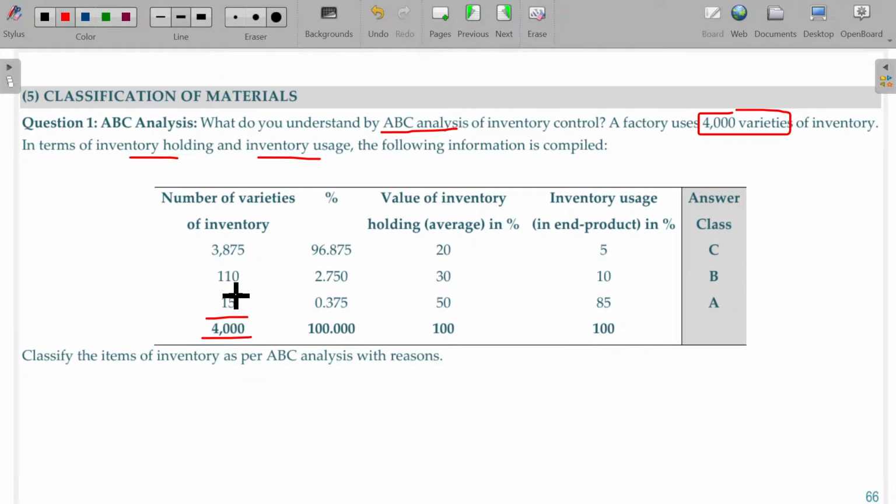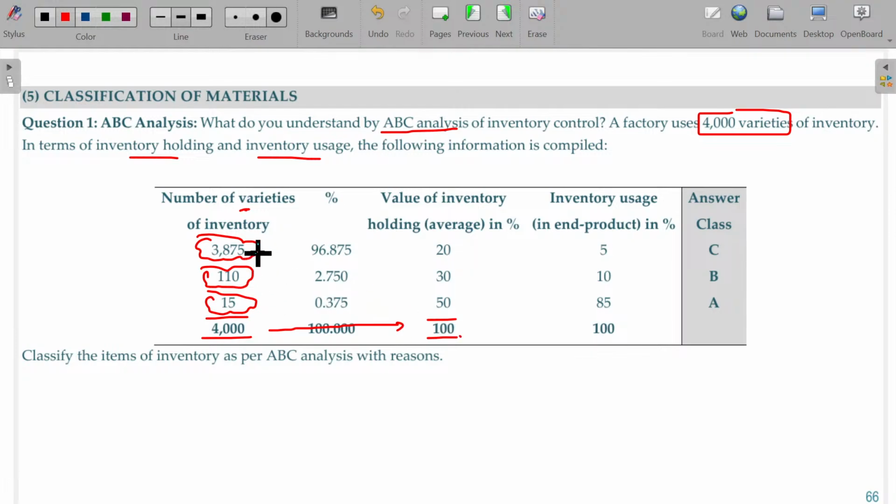Out of that, the number of varieties of inventory is 3,875, 110, 15. The total value may be 100 rupees. All these 4,000 units are valued at rupees 100.